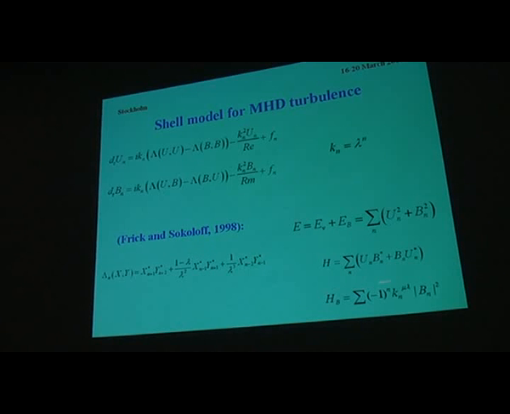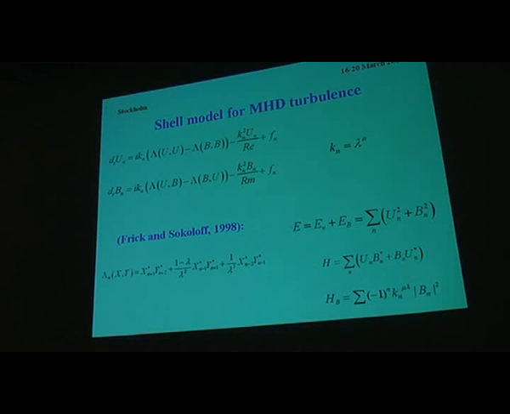But the shortcoming of this model is with the helicity-like quantities, the magnetic helicity, and the same for the hydrodynamical helicity in the case of normal turbulence. The positive and negative helicities are separated between the odd and even shells of the model.